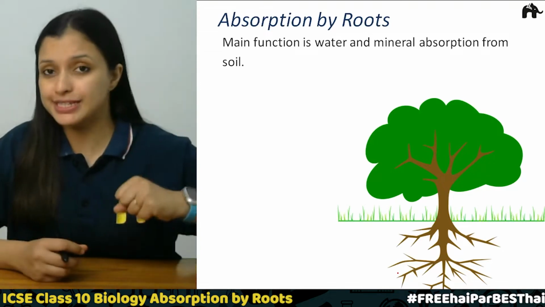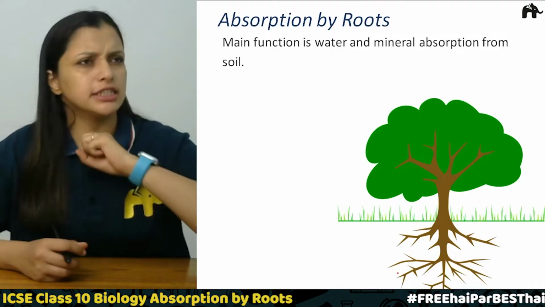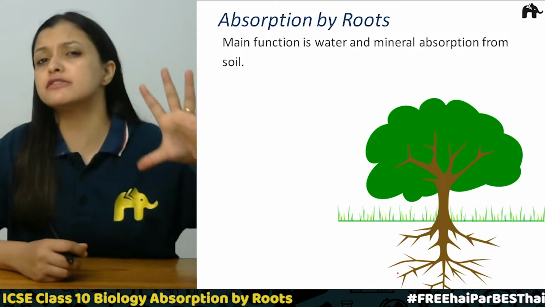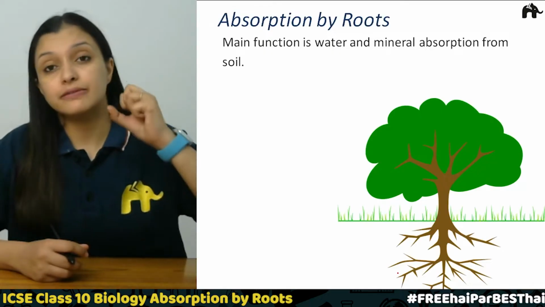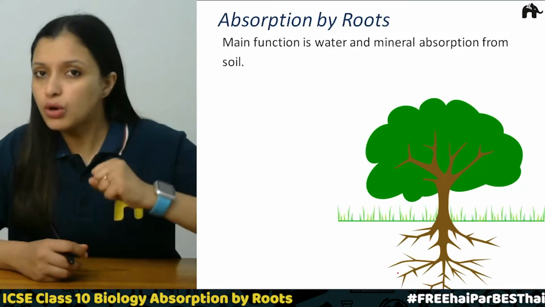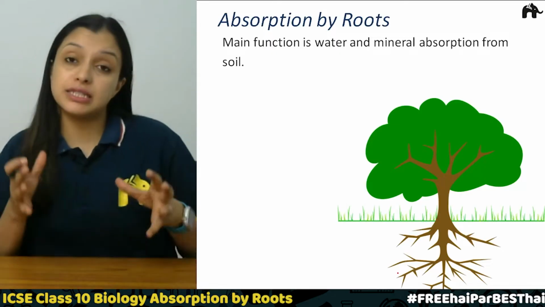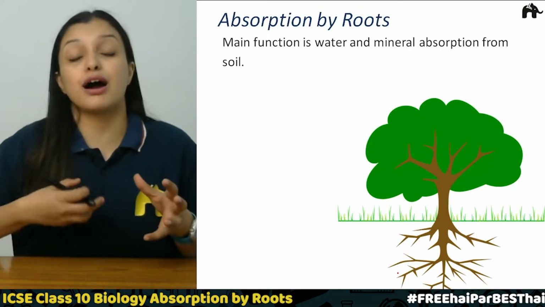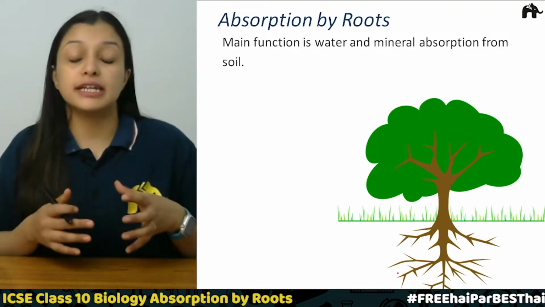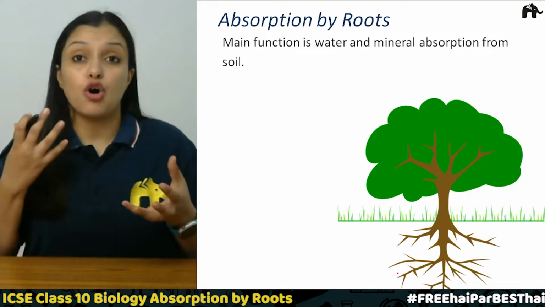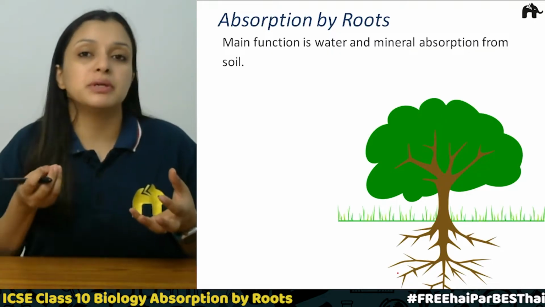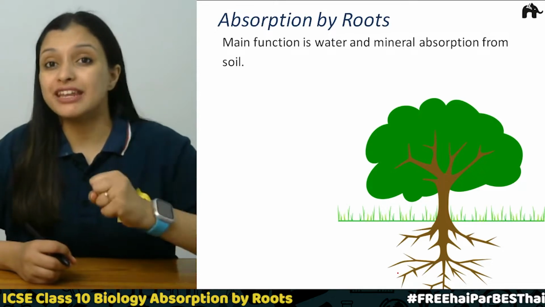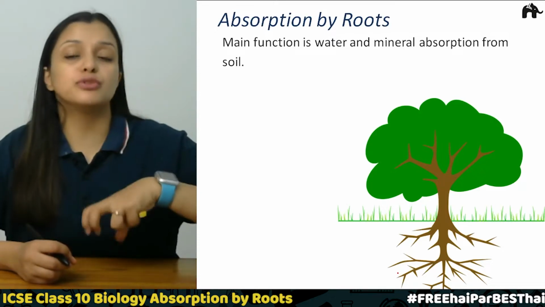So they hold the soil tightly, even in the rains, the winds, the storms, but these roots hold the soil so tightly that plants stay at their position, and in very few cases they uproot and fall, right? So the main functions of the roots are water and mineral absorption. So they hold the soil firmly, and their main function is to absorb the water and minerals.